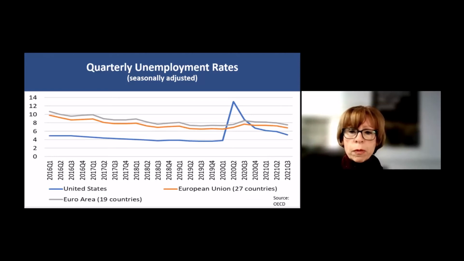Then as the US reopened, you see this downward trend in unemployment, and a continuing downward trend. And now unemployment in the US is slightly lower than it is in the EA and the EU.